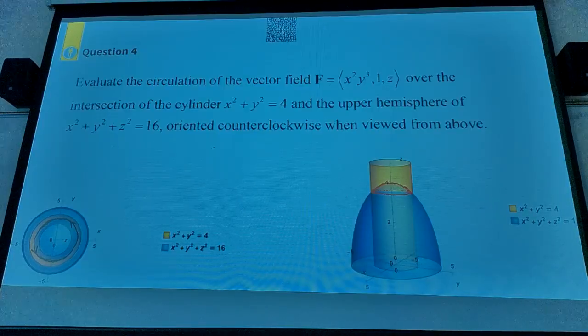So what's phi? Cosine of what angle is root 3 over 2? Pi over 6.